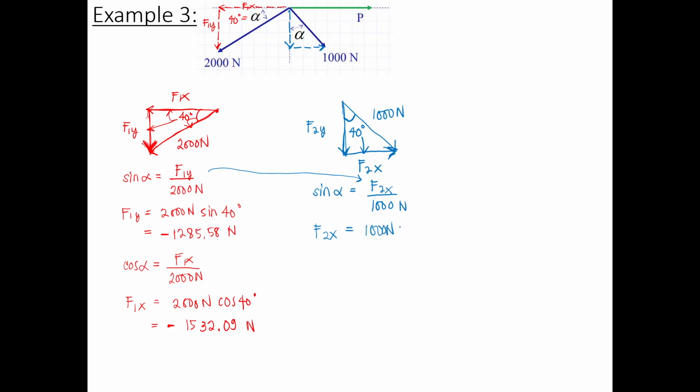Okay, so 1000 newtons times sine 40 degrees. Since this one is going to the right, the value is 642.79 newtons.